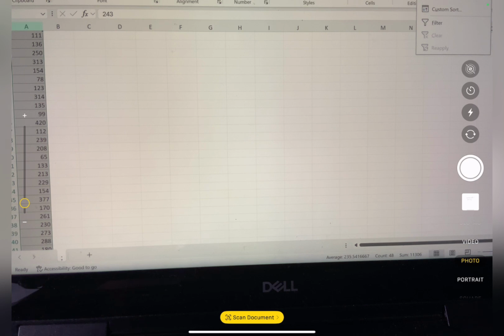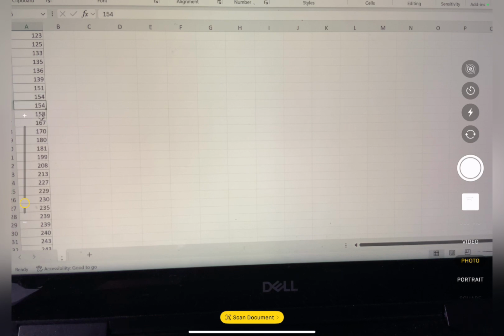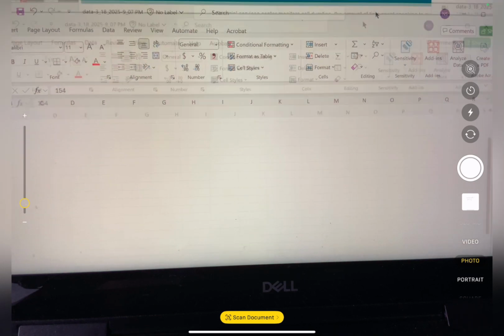Why is it not sorting sometimes? There we go, I got it. So 154, how many times is it repeating? 1, 2, twice, okay. And then the other one also has to be twice.